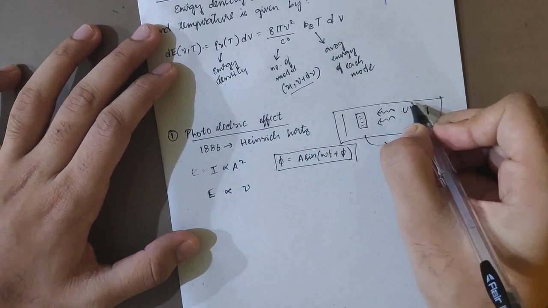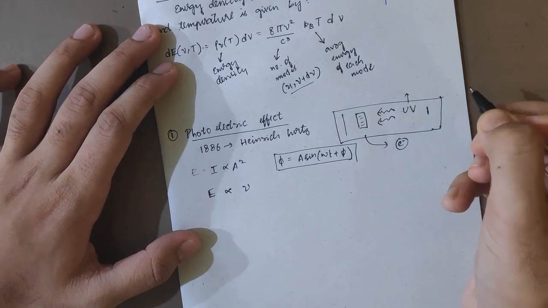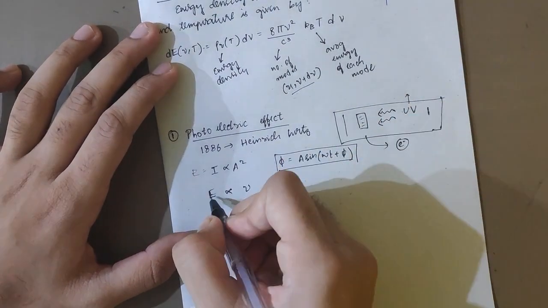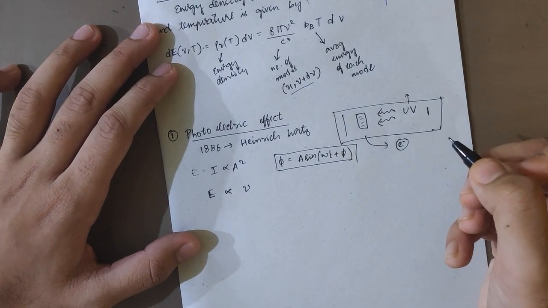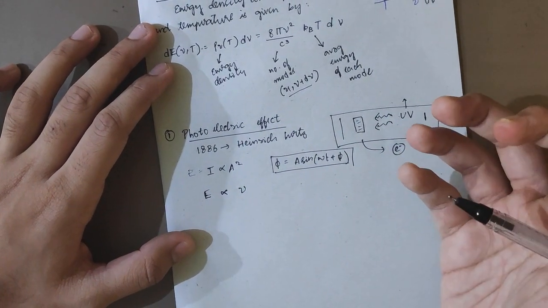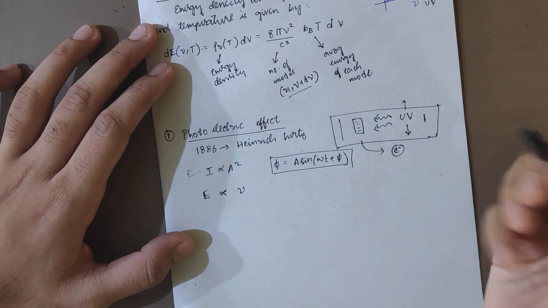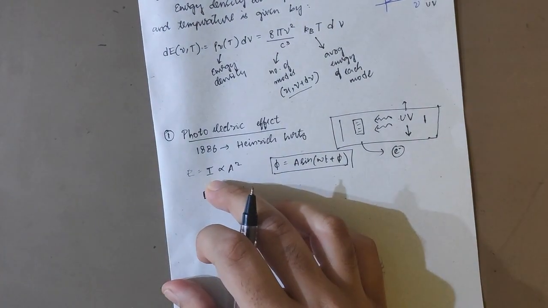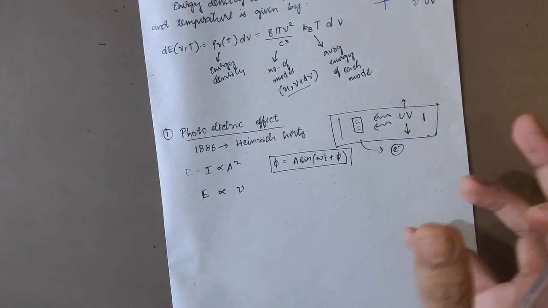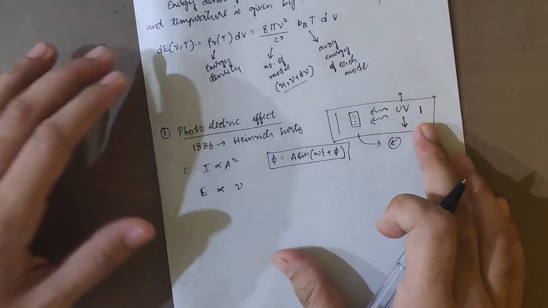Say if we increase the frequency from ultraviolet to X-rays, then the energy of the emitted electron increased, and this energy was physically measurable using a potentiometer. Again, if we reduce the frequency to say almost blue light, the energy would have reduced, right?